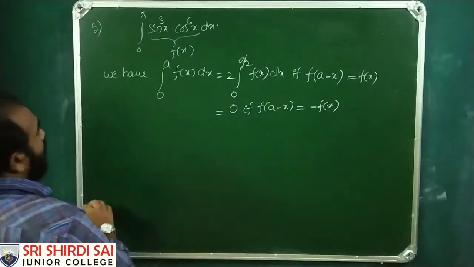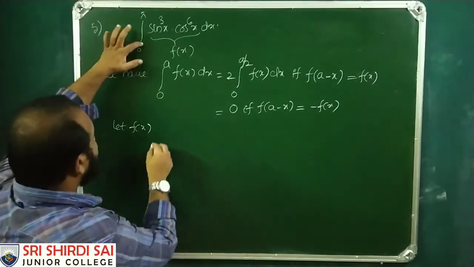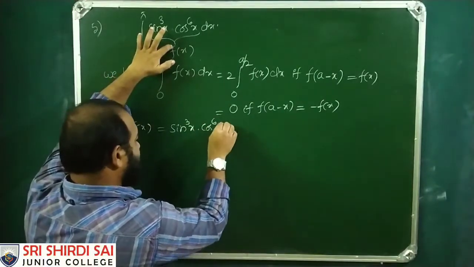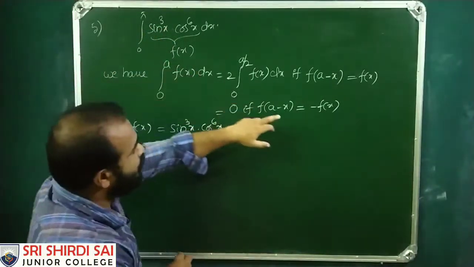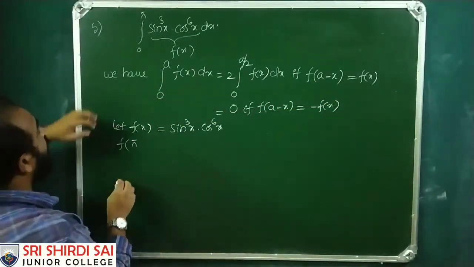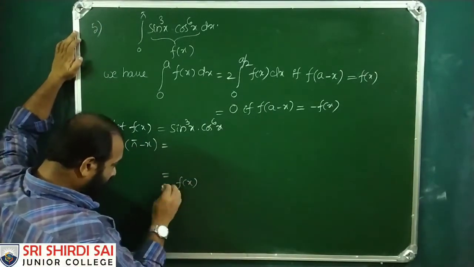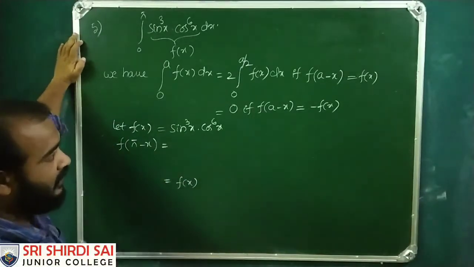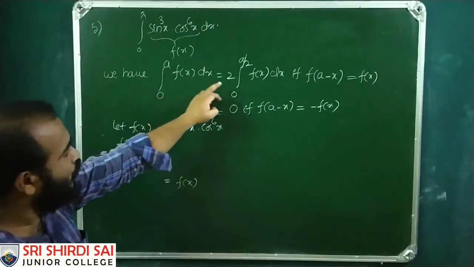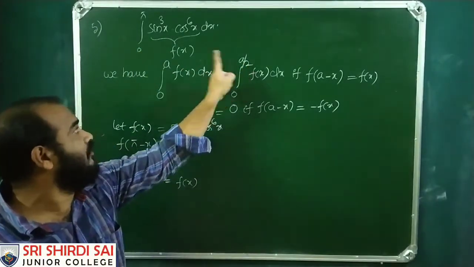Now, let f of x equal sine cube x into cos power 6x. Now this property says f of upper limit minus x. So here upper limit is pi, so pi minus x. Let us see whether we will be getting f of x or not. If we get f of x, then the 0 to a is converted into 2 coming forward, and this a will be half of a.